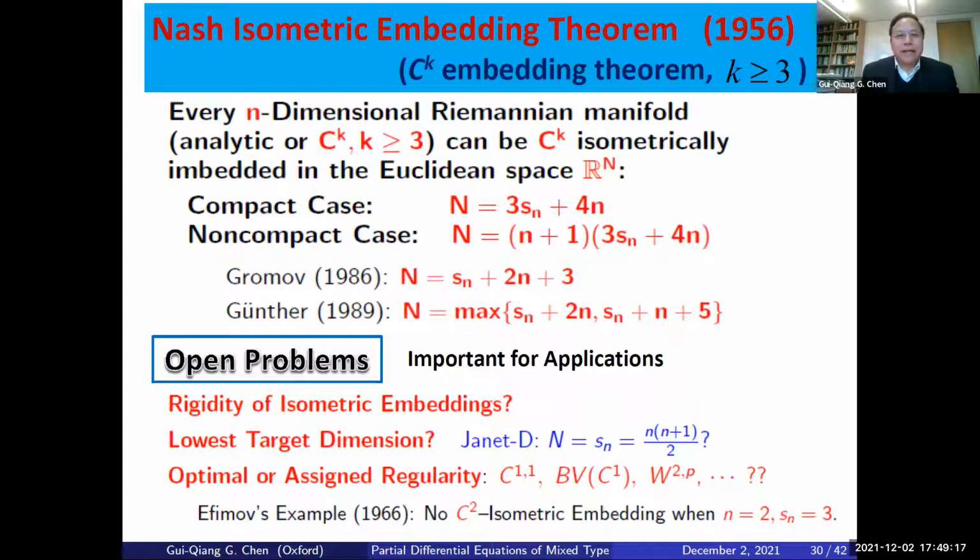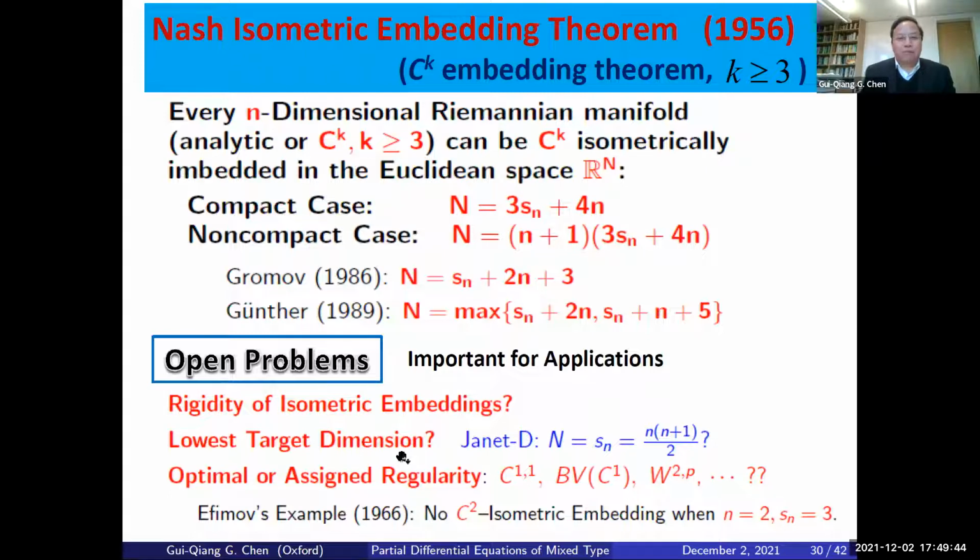The problem, of course, especially for applications, is that you really want to get the optimal dimension. That is the first point. The second, of course, is the rigidity. Okay, for the isometric embedding, whether it is rigid. Nash has one case rigid, the other case, I will explain later on. The third is optimal regularity.